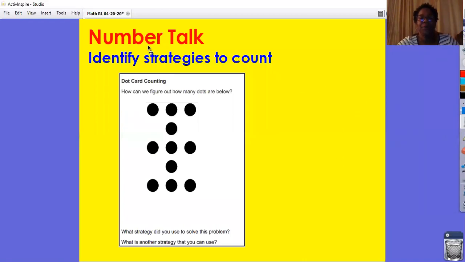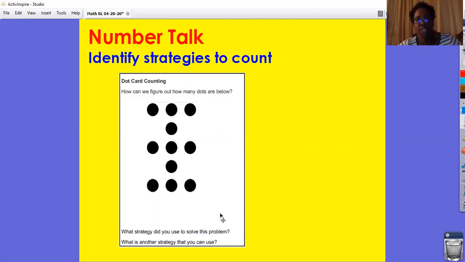Here is our number talk. Identify strategies to count. We have a dot card counting. How can we figure out how many dots are below? Think about that for a moment.